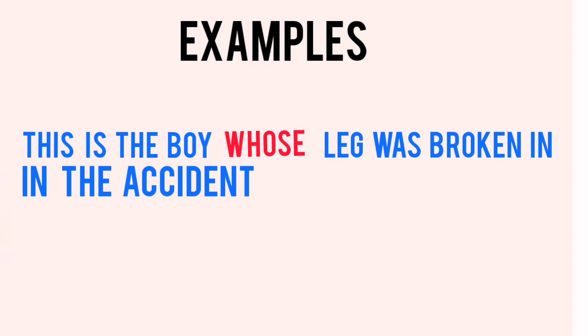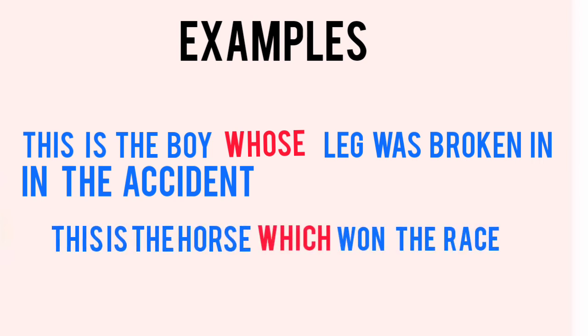Here, students, if you focus upon this example, there are two different sentences: this is the boy, and his leg was broken in the accident. There is a keyword used in between in order to join these two sentences. If you join them, it becomes: this is the boy whose leg was broken in the accident. Next example: this is the horse which won the race. So here the keyword is which, and which is an example of a relative pronoun.